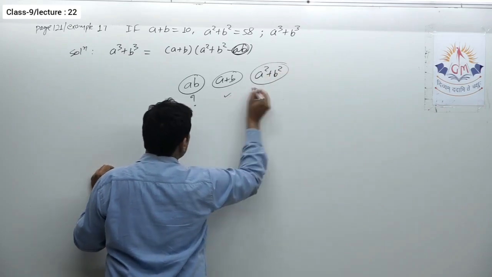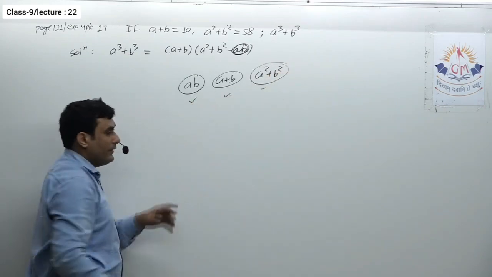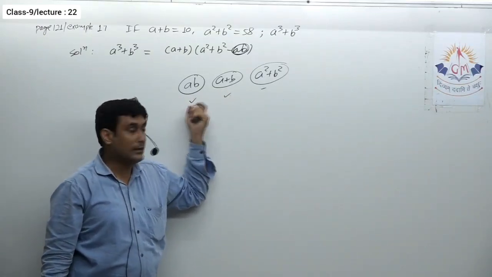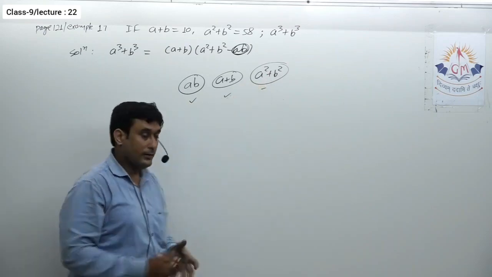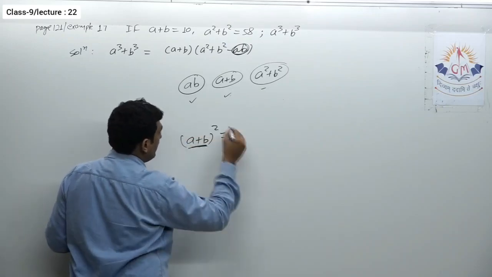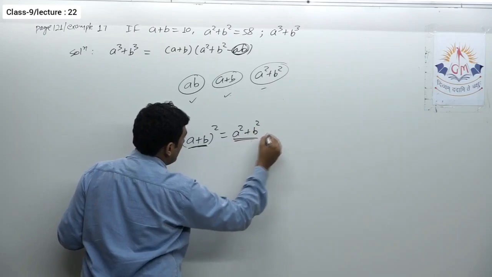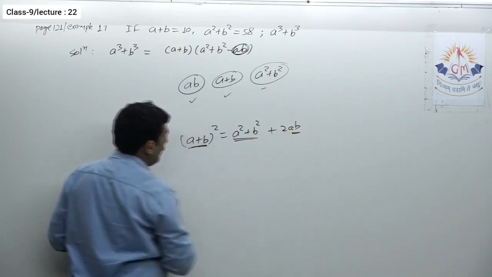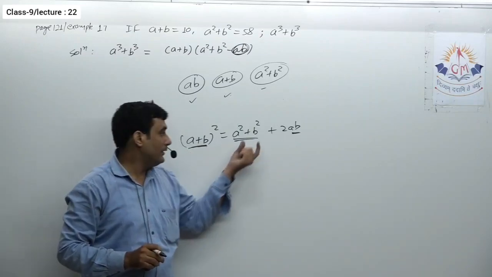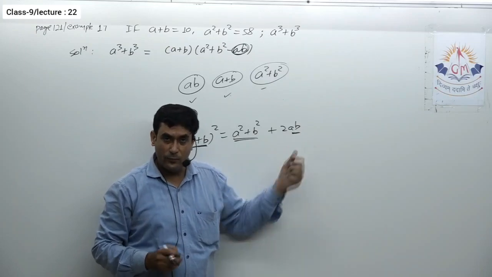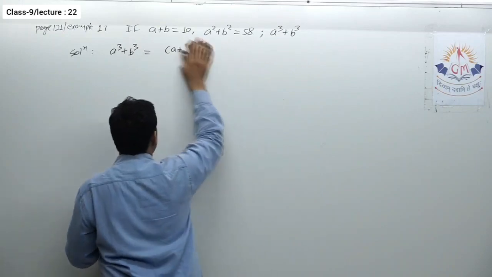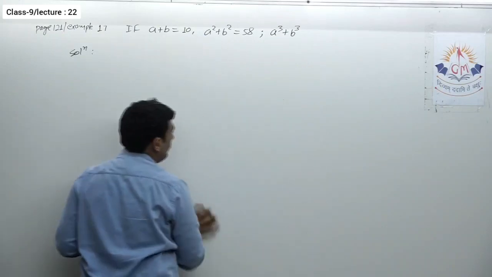Using these three different expressions, the identity that connects the sum, the product, and the sum of the squares is a plus b whole square, which is a square plus b square plus 2ab. Here the first and second expressions are given, and the third we have to obtain. So first by applying a plus b whole square, we'll get the value of ab, and then we'll apply the identity of a cube plus b cube.